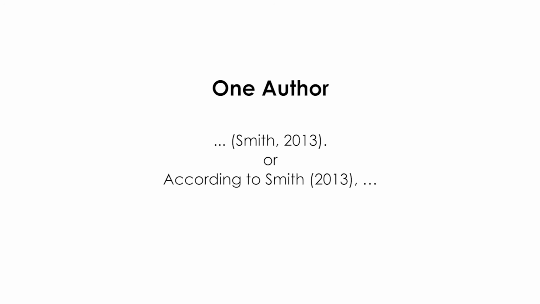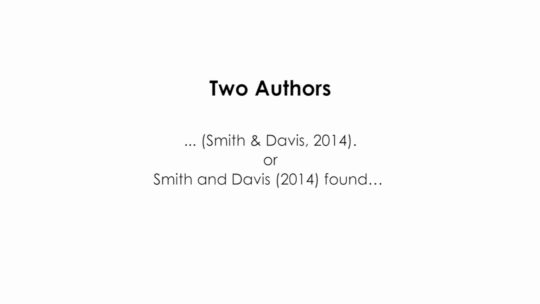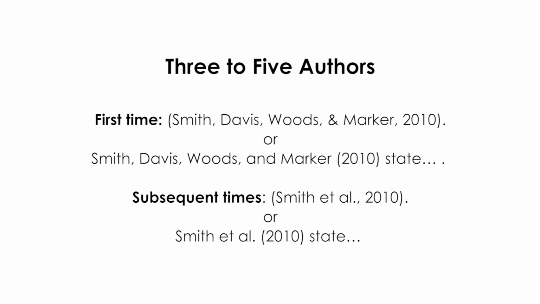Or you can list the surname as a part of the sentence in your text, followed immediately by the year of publication. Similar rules apply to two authors, the only difference being that you list the surnames of both authors. Also, list an ampersand between the two authors. For a source written by 3 to 5 authors, list all authors in the first citation.